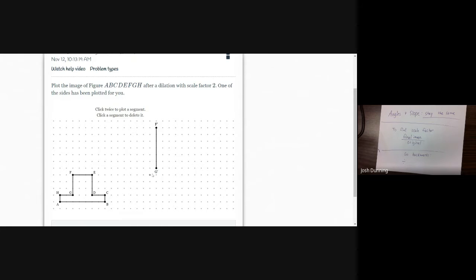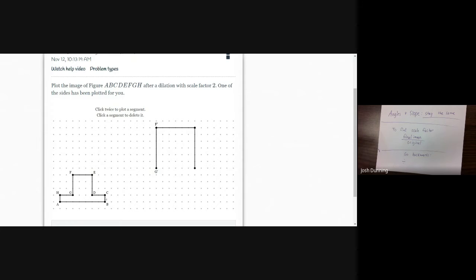And they already drew FG in for us. Let's just check. 1 box, 2 box, 3. Multiply by 2. 1, 2, 3, 4, 5, 6. Yep, so they multiplied it by 2. So we just keep going. FE then is 3, so that's got to be 6. 1, 2, 3, 4, 5, 6. And then we'll connect that. And then we can see ED is the same amount, so we'll just go down there.